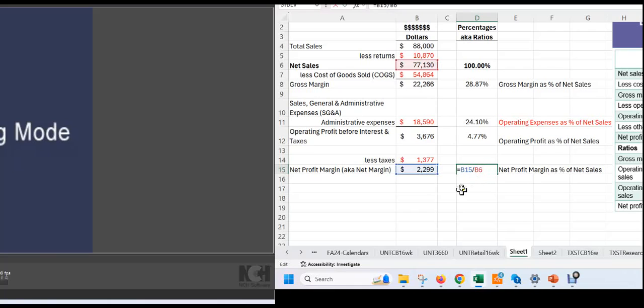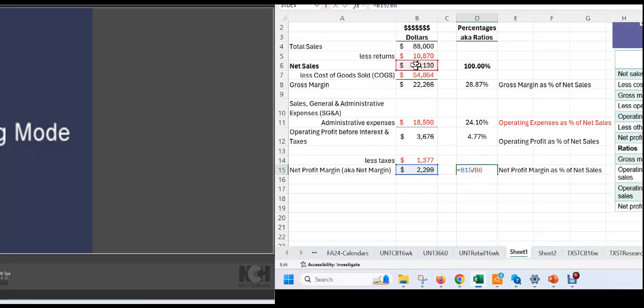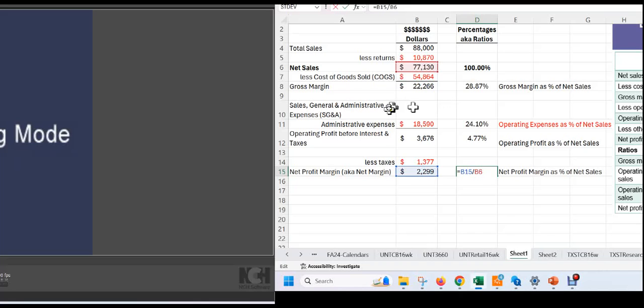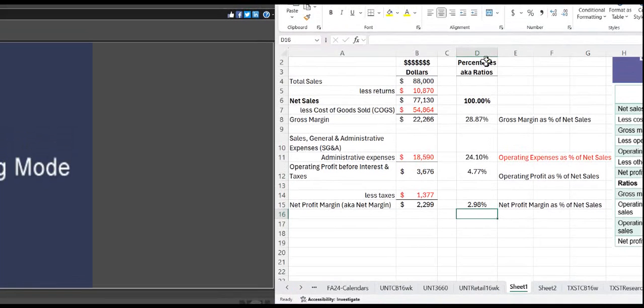So we've got our net profit margin in dollars divided by our net sales in dollars so that we can get a percent. Now, sometimes people use this word as percentages, as ratios, and sometimes as proportions. You might hear proportions sometimes, especially if you're in a sociology class, okay?